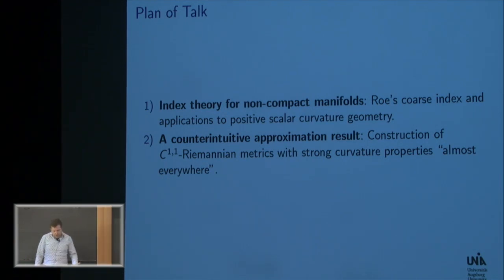This does not only apply to positive scalar curvature, but also to positive sectional curvature or all kinds of curvature restrictions you might think of, as you will see in a moment. Whereas the first part concerns obstructions against positive scalar curvature, in the second part we are talking about constructions, and that's the flexibility part. It is a little bit in the flavor of h-principles.